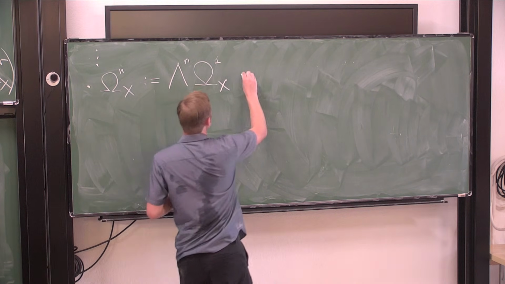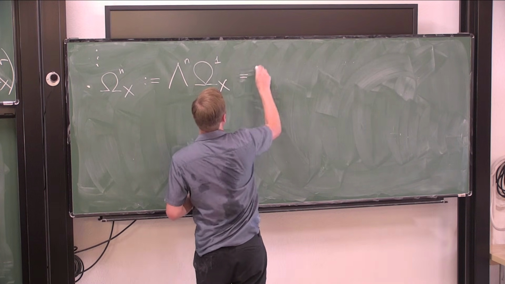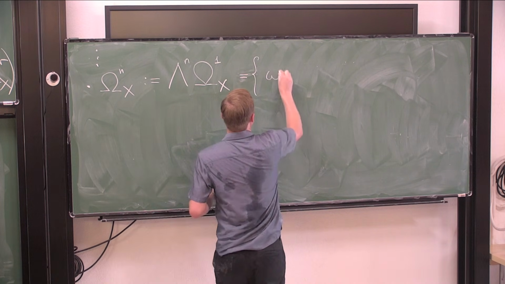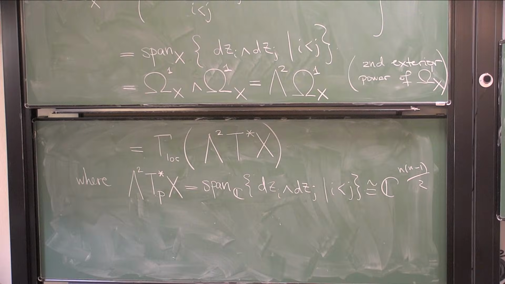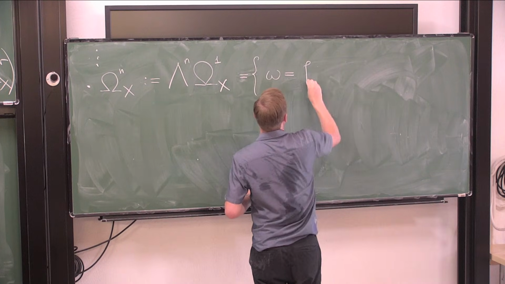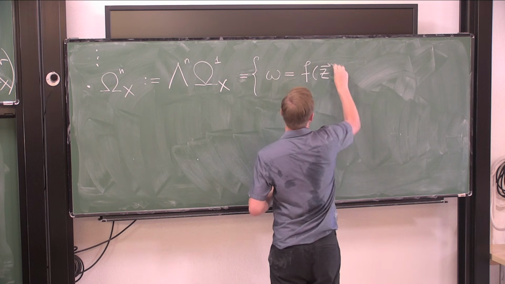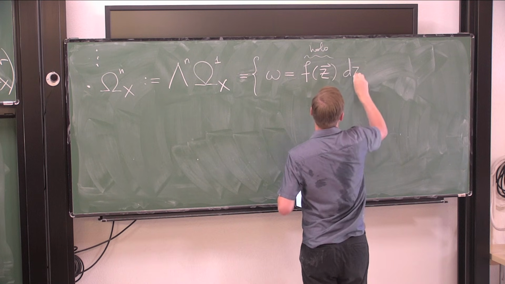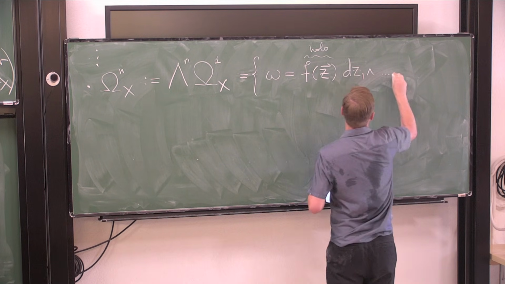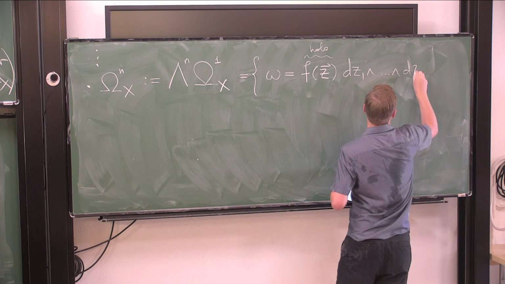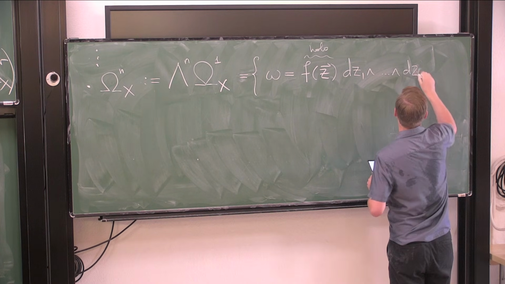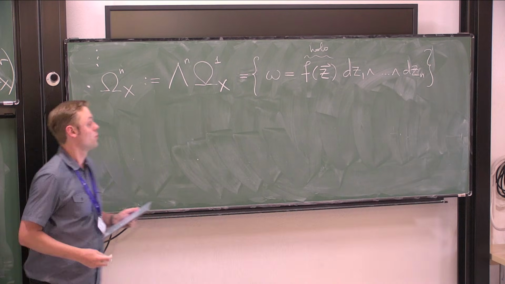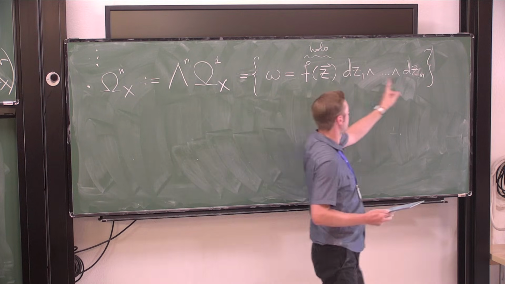And, well, what are these? So let's give it again, our explicit description. So these are objects that look like this. Here we have a locally defined holomorphic function, which multiplies the only one vector that can be created using the nth exterior power when we have n vectors, which is this total wedge product of all the dz's.